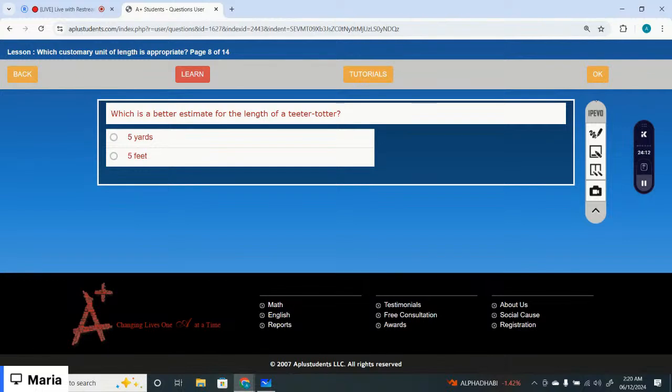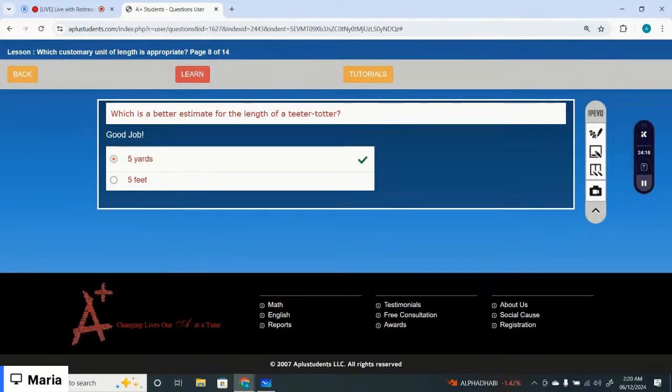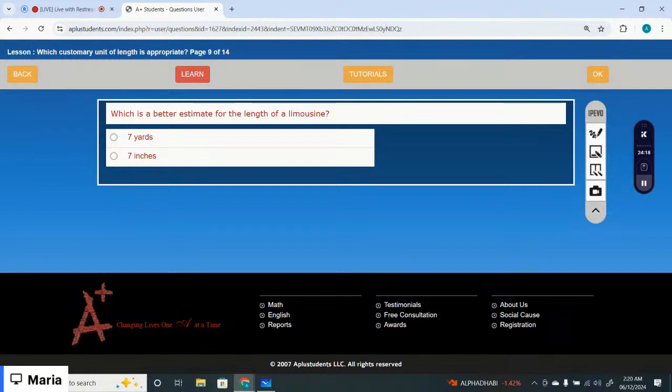That is 5 yards. Option number 1 is the correct option. Which is a better estimate for the length of a limousine?